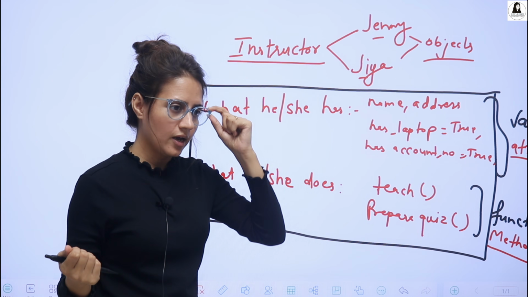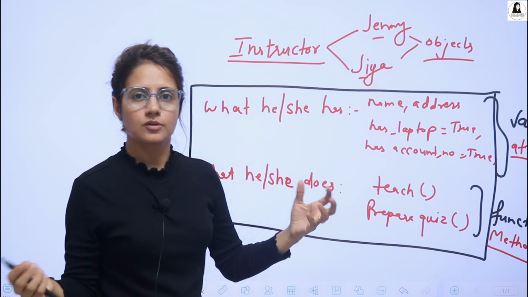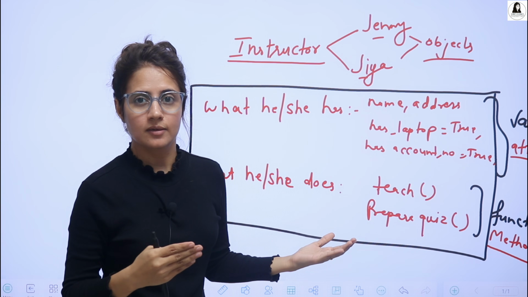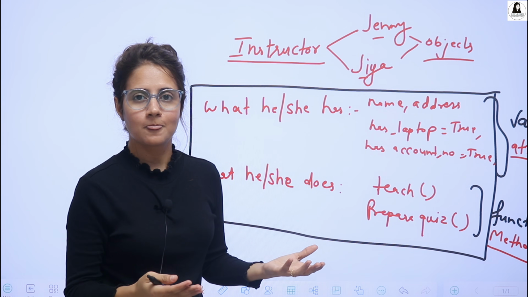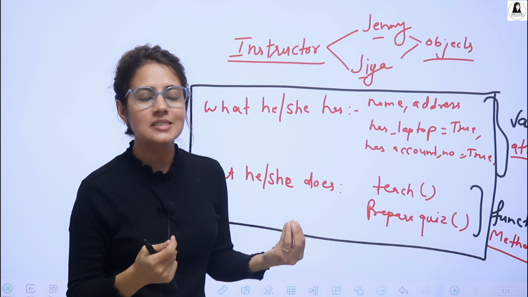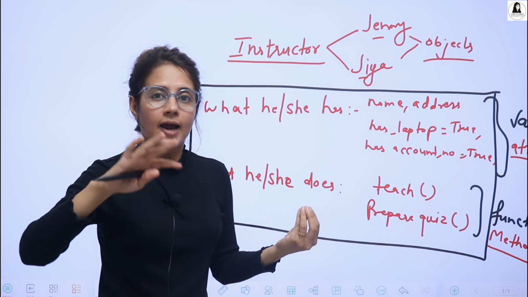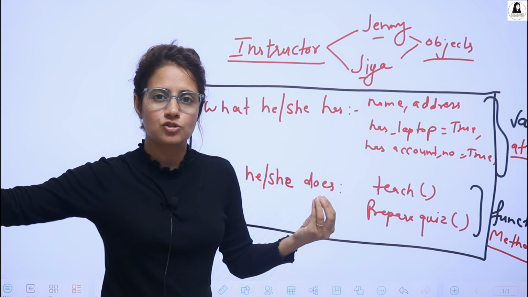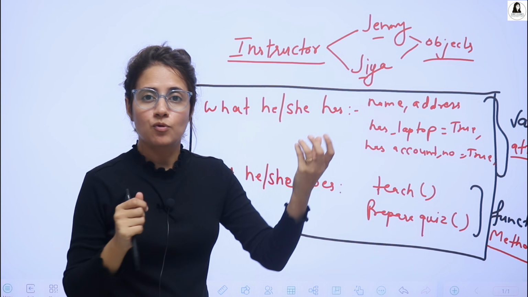Like suppose I have that map. For construction, we have basically first the map of that building on a piece of paper, right? So that map is like a blueprint, and the actual buildings you build, those are objects. Many buildings you can build with the help of that one map.